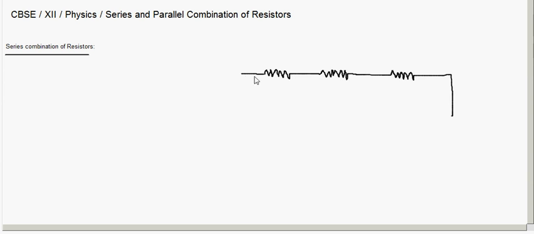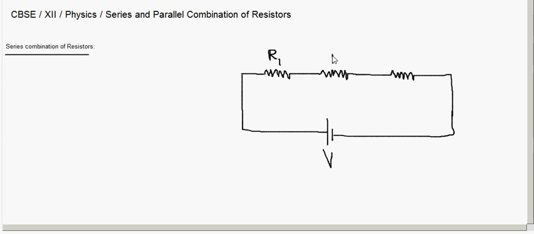The series combination is connected to a battery. Let us say the battery voltage is V and the resistors are R1, R2, R3.